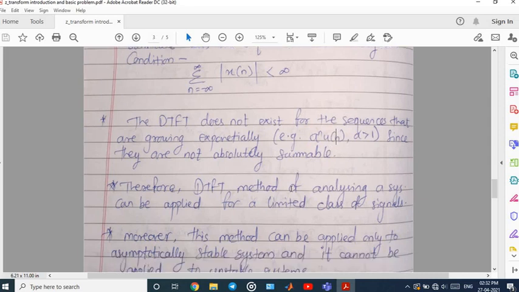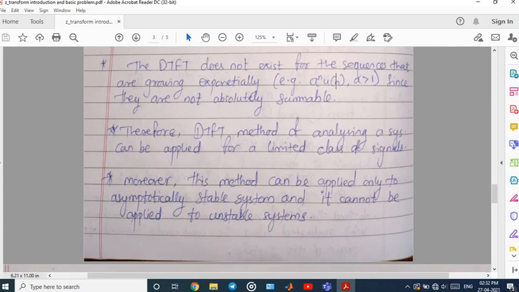Therefore, the DTFT method of analyzing a system can be applied for a limited class of signals. We can find the DTFT of a signal for only a limited class of signals. There is a limitation in the types and classes of signals. For each and every class we cannot find the DTFT. Moreover, this method can be applied only to asymptotically stable systems, and it cannot be applied to unstable systems.